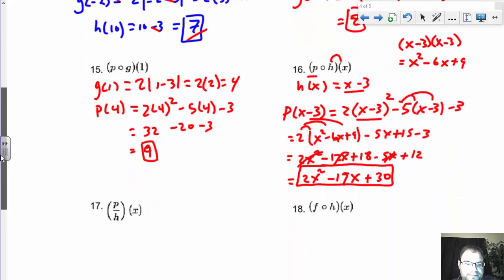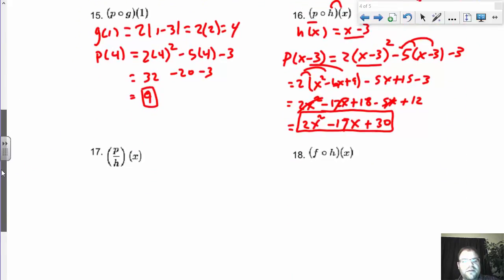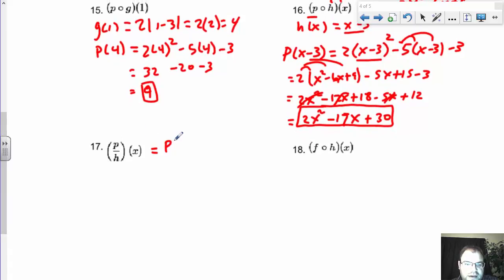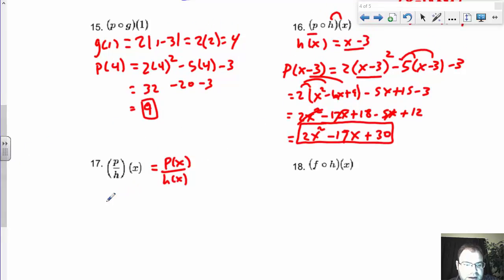Alrighty, keep going. This one is usually pretty tricky. What this translates to is p of x divided by h of x. Now p of x, we can see from the page, is 2x squared minus 5x minus 3.